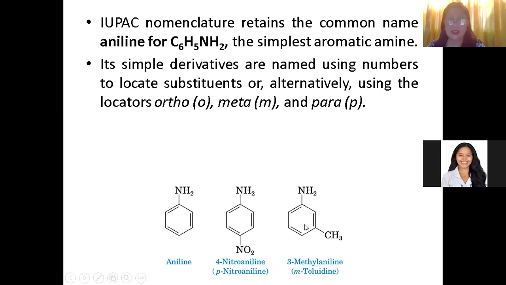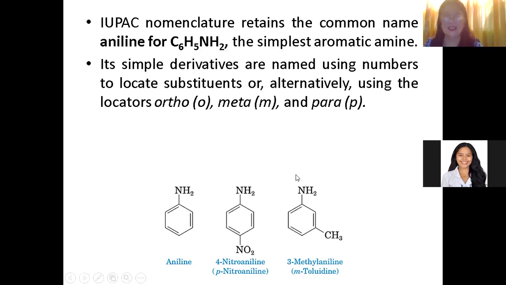This one, this is an ortho, a meta. You have a methyl here, or you can name it as your parent is the aniline, okay? And you have the methyl. Where is methyl? It is in 1, 2, 3. This is 3-methylaniline, or the meta-toluidine.